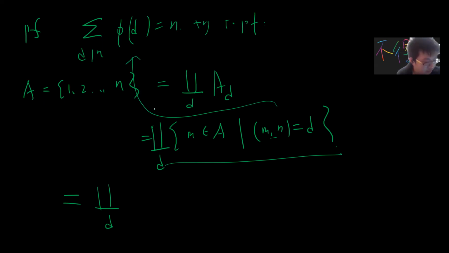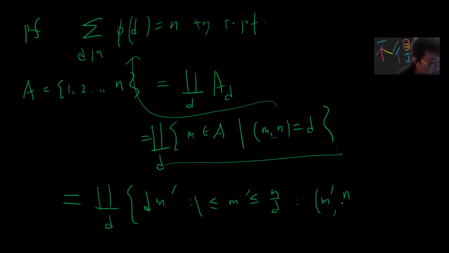But this is almost trivial, because you can write m in terms of d and m prime, such that the GCD of m prime and n divided by d is equal to 1. So you just divide by d, and it becomes this.